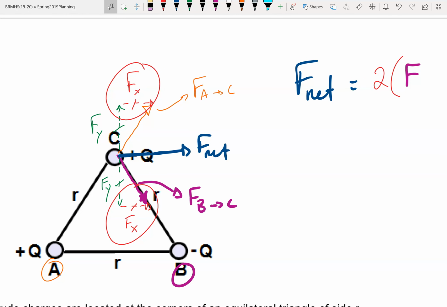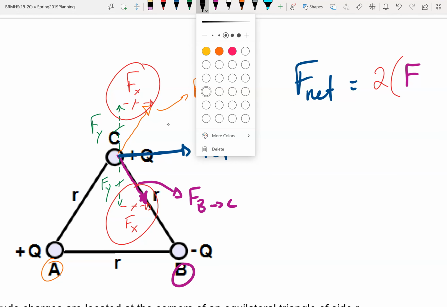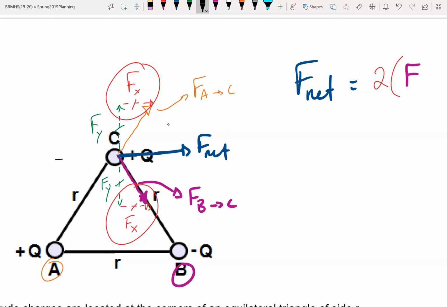So for this horizontal component, I could draw a horizontal line here to help us see where the angle is going to come from. Okay, here's our 60 degrees. Here's our 60 degrees again. So the horizontal component, that means this is also 60 degrees. Look, that horizontal component in red is adjacent to, right next to, that 60 degree angle.